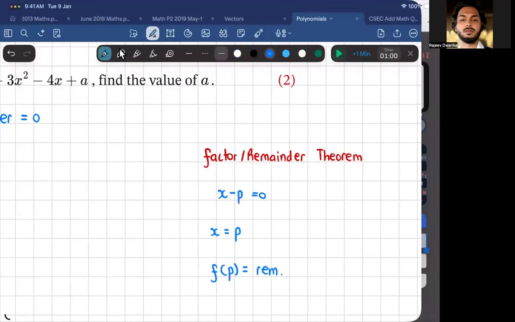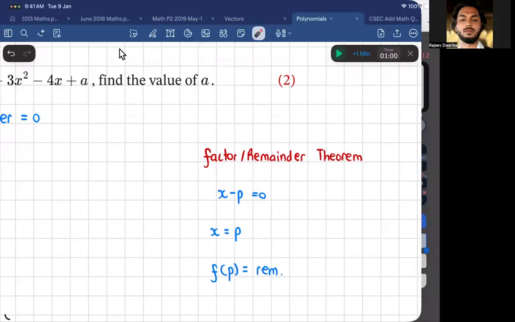So Avinash, they are going to give you a divisor or a possible factor, same difference. They might tell you x minus 1 is equal to 0, x minus 4 is equal to 0, something like that. You have to find what x is equal to. Then you put that into the function, and that will give you the remainder.